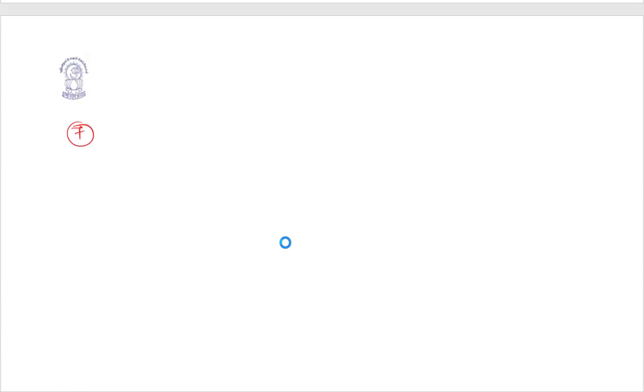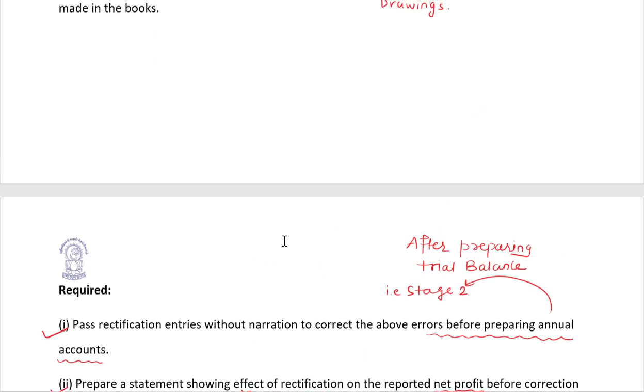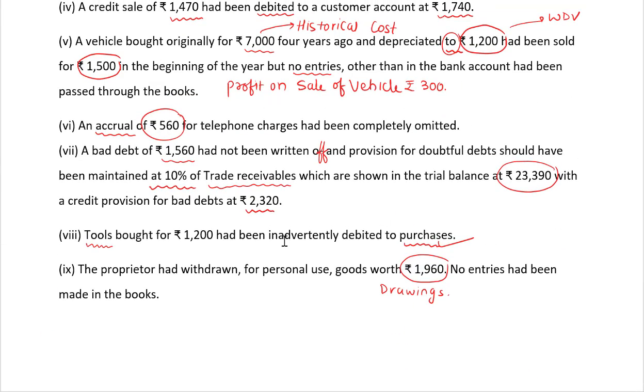Seventh point, a bad debt of 1560 had not been written off and provision for doubtful debt have been maintained at 10% of trade receivables, which are shown in the trial balance as 23,390 with a credit provision of 2,320.